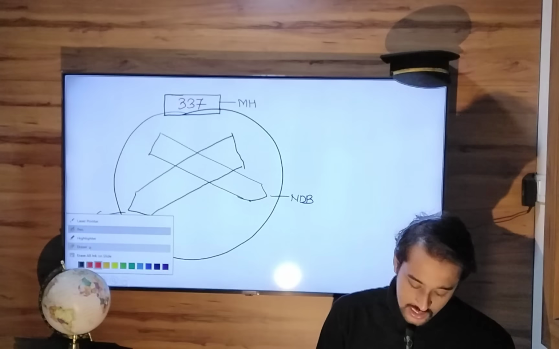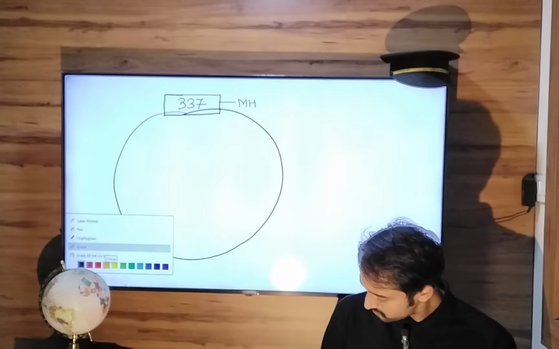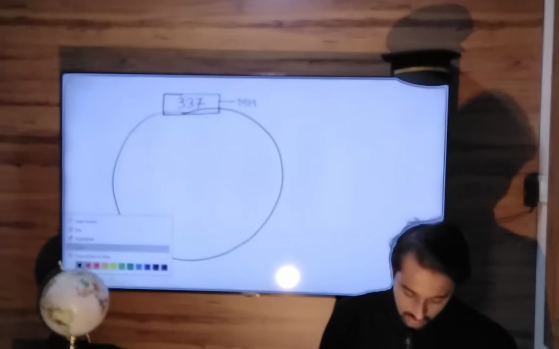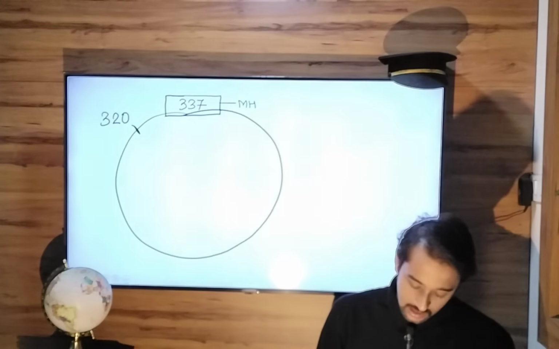I will erase this arrow and draw a new arrow. 320 will be somewhere here, and 140 will be opposite of that.